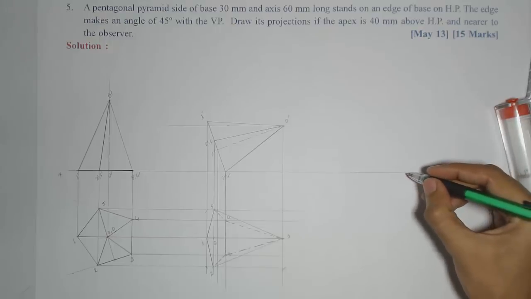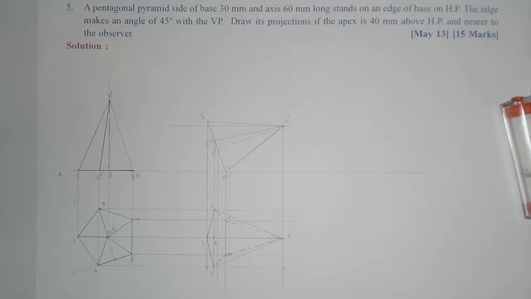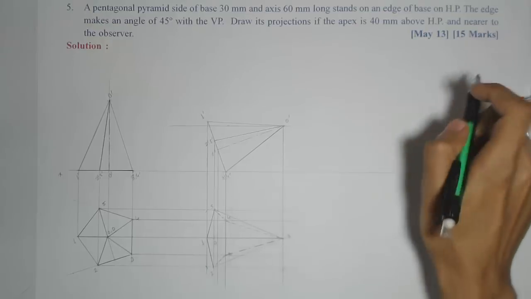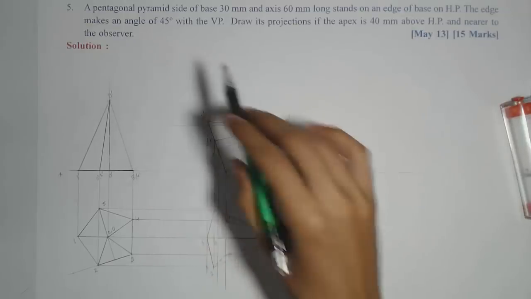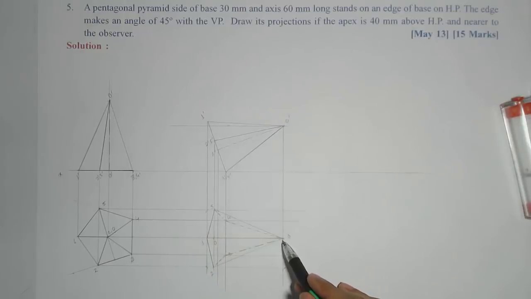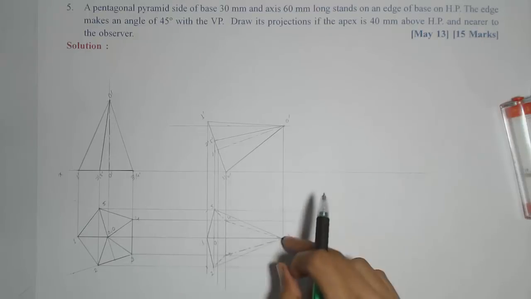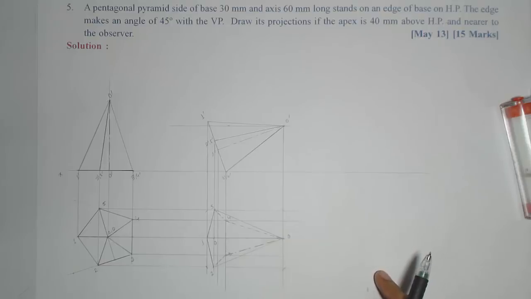So first I'll randomly mark a point, and first we need to check how to tilt. For that we need to read the last part: nearer to the observer. That means the apex should be nearer to the observer, meaning the observer is going to look from this direction. So I need to tilt this like this so that the apex will come down nearer to the observer.